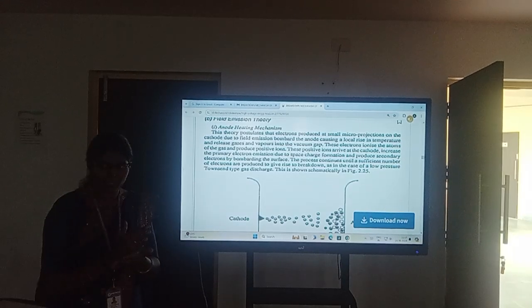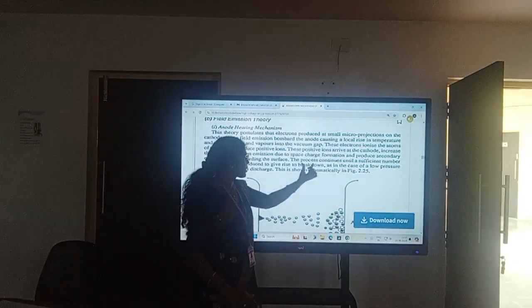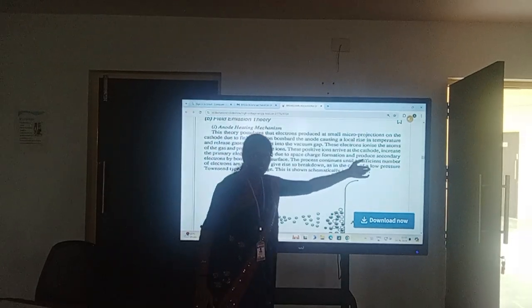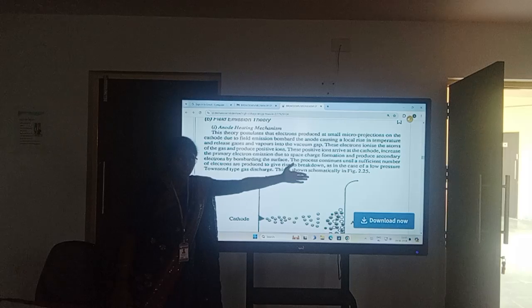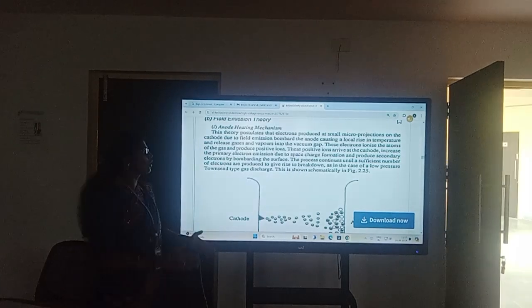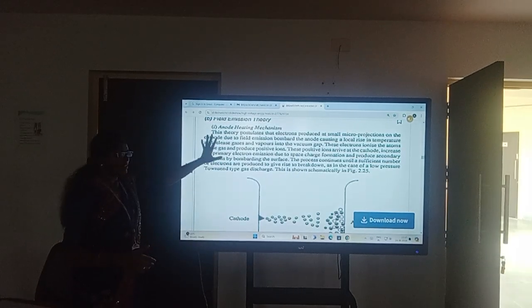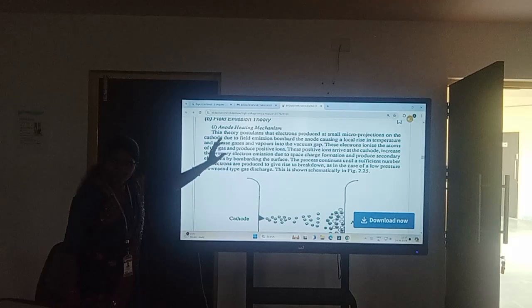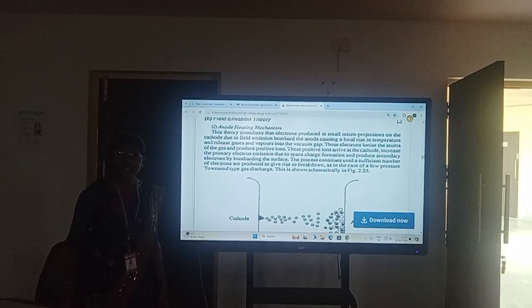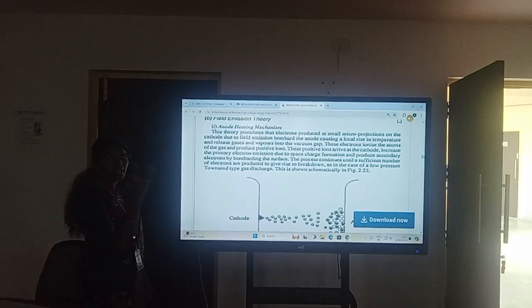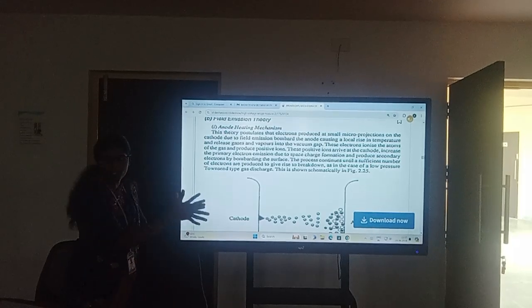Have you got my point? So this is how the field emission theory works under the anode heating mechanism. Here the anode is heating and the cathode is emitting.